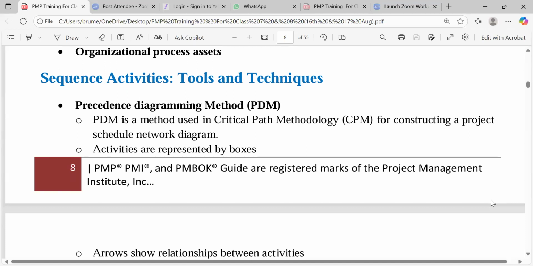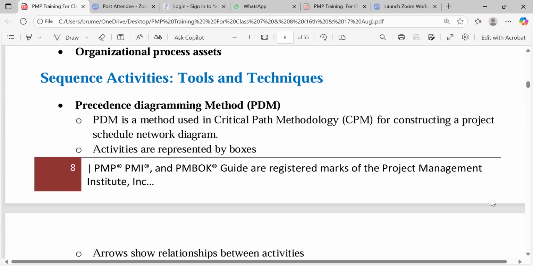And path. The schedule diagram is a network diagram that shows the precedence, what comes first, before what, and what should happen with what.